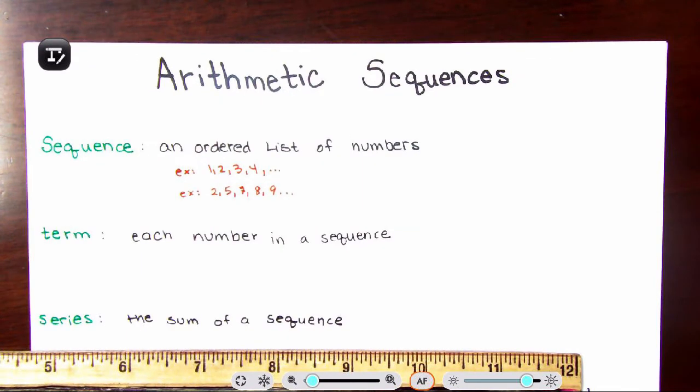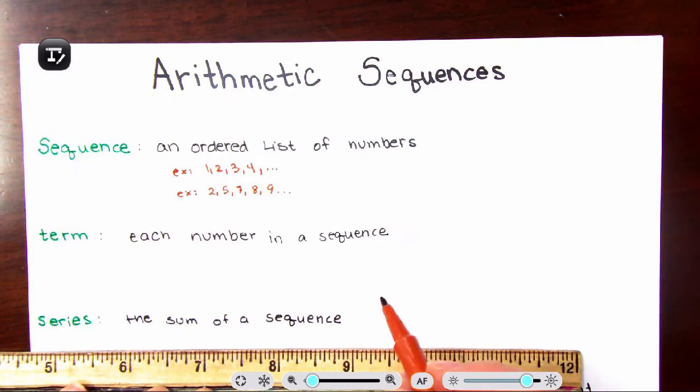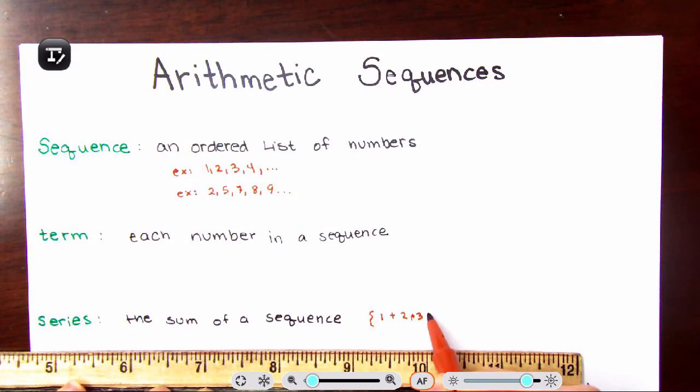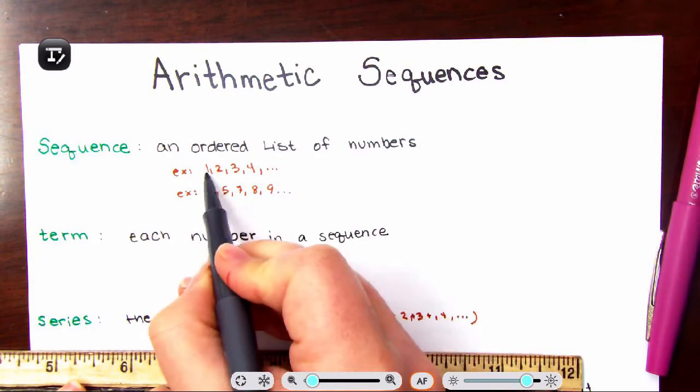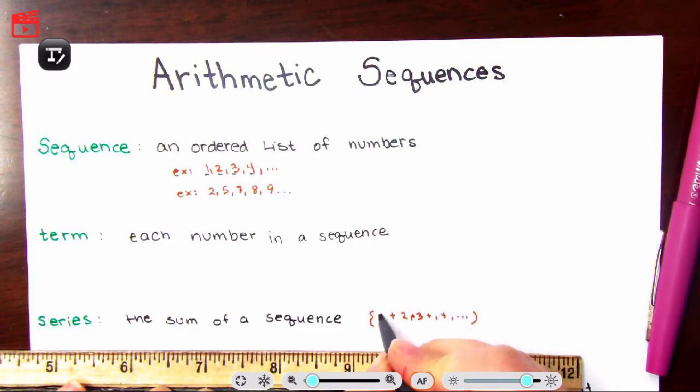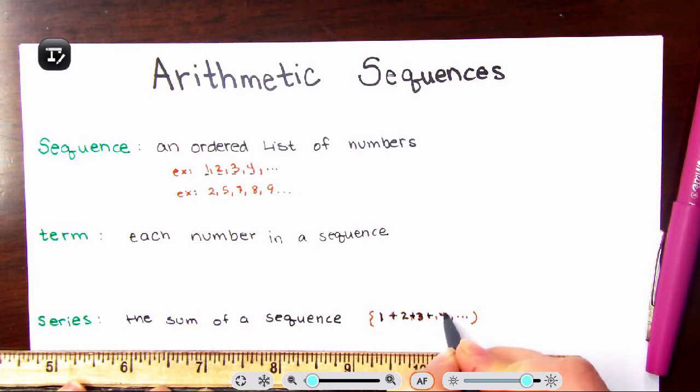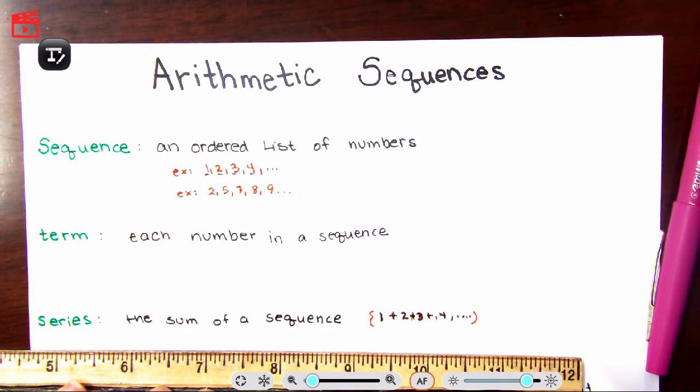A series is where you take all of the individual terms of the sequence and add them up. So for example, for a series, you would do 1 plus 2 plus 3 plus 4, etc. You would take all of your terms in the sequence and add them together in order to get a sum. We'll talk about series in another video.